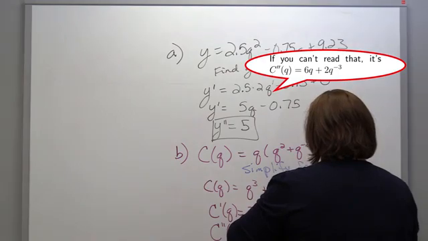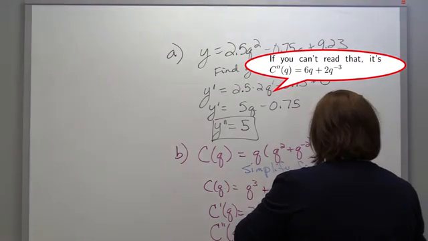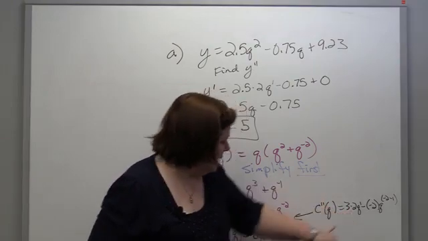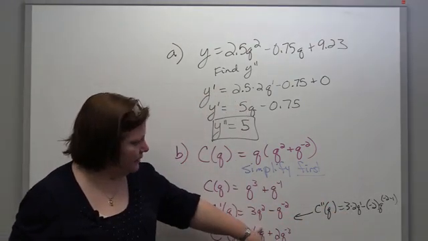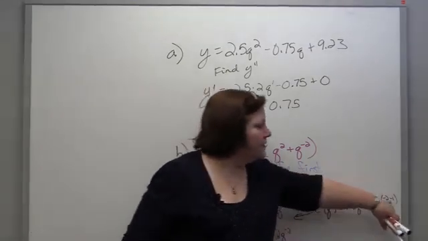We'd have 3 times 2q to the 1 minus negative 2q to the negative 2 minus 1. And that's how we got the 6q plus 2q to the negative 3.